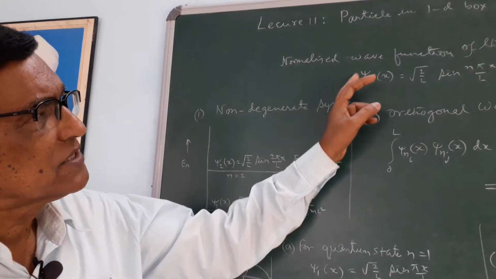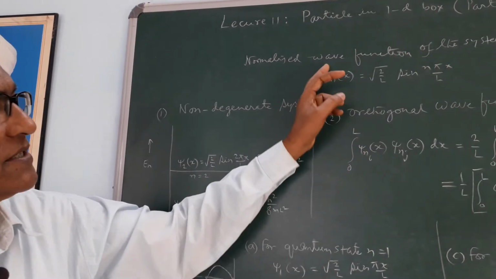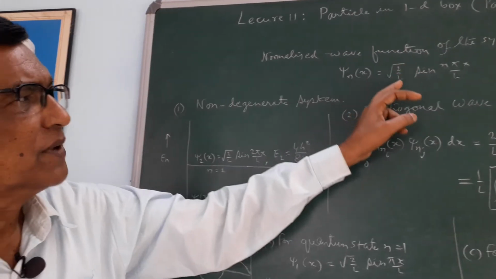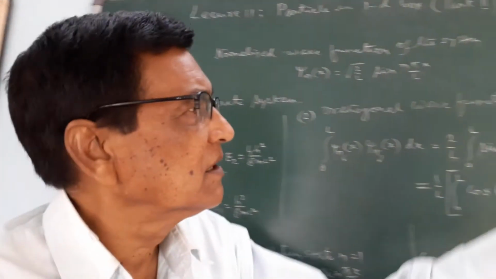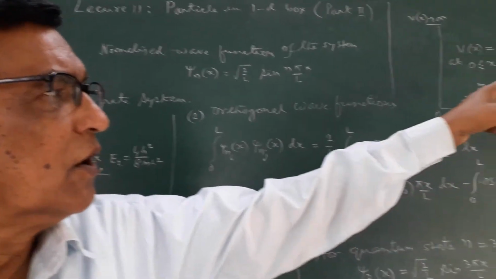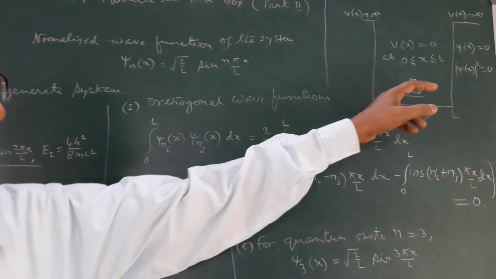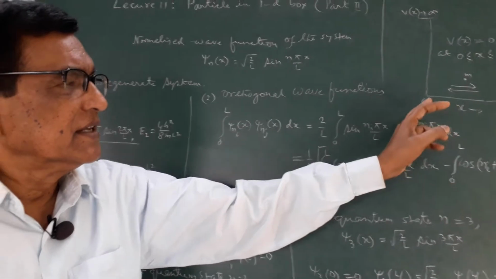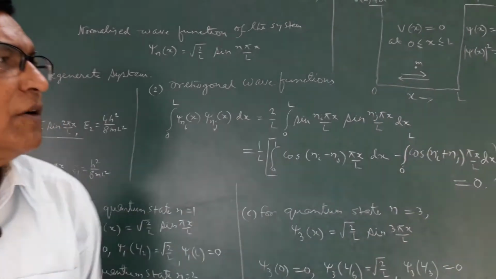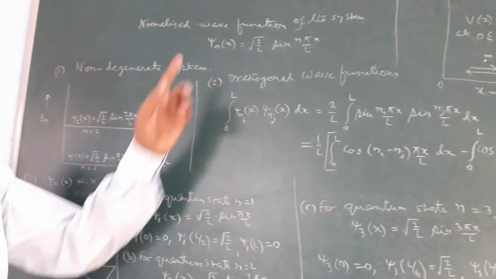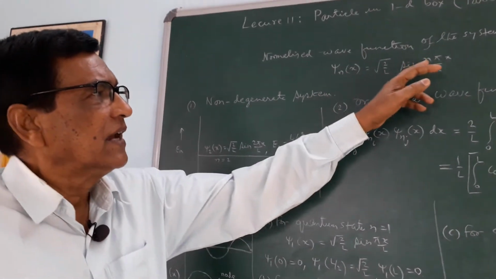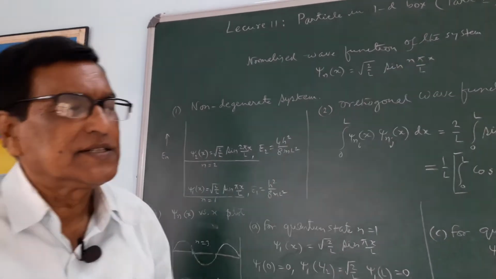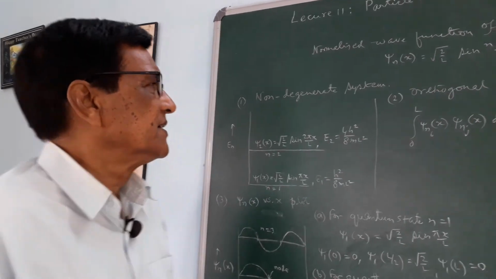The normalized wave function of the system is psi n(x) = root over 2 by L sin(n pi x by L). For a particular system of particle mass m and length L of the box, psi n(x) depends on the quantum state n and the position of the particle x.